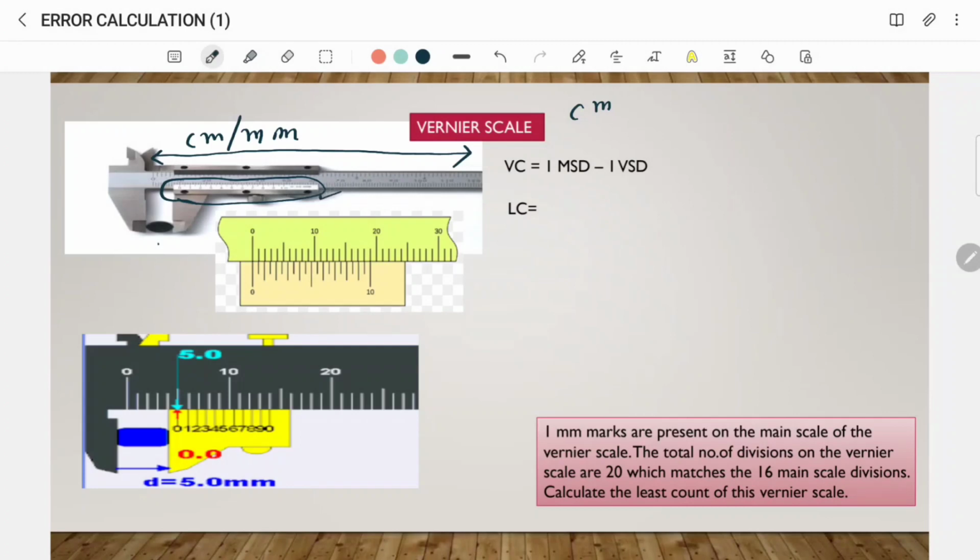It does not have any unit. It has smaller divisions than the main scale. So if my main scale is in millimeter and these are the markings for millimeter, then our vernier scale will have smaller markings to divide these gaps into much smaller gaps.